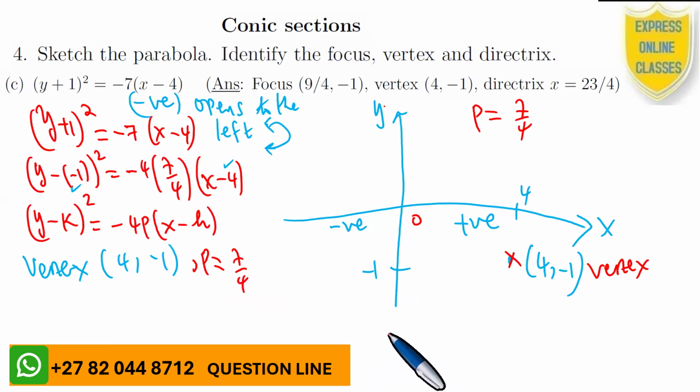We're going to have exactly the following. Right, we're going to just measure P.